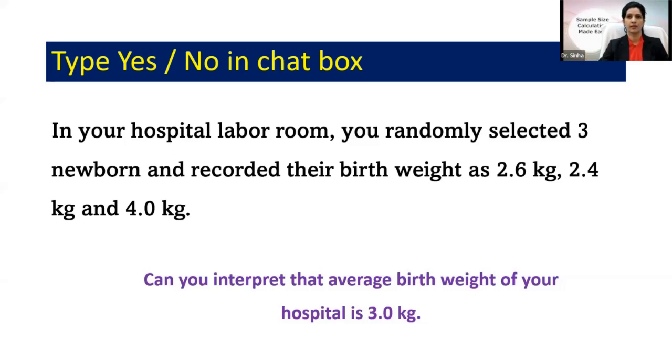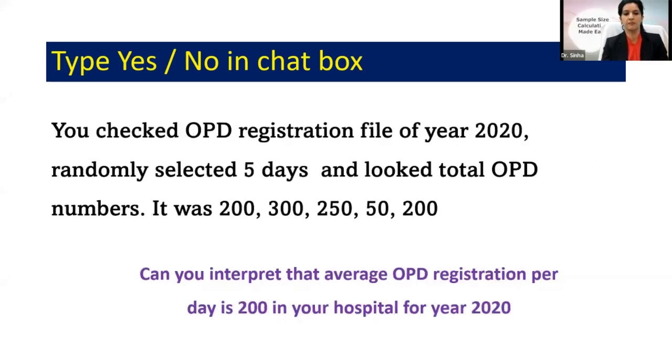There are a few answers saying yes, but most of the answers are no. Only by selecting 3 newborns and calculating their mean, it will not convey that the mean birth weight of the babies is 3 kg.